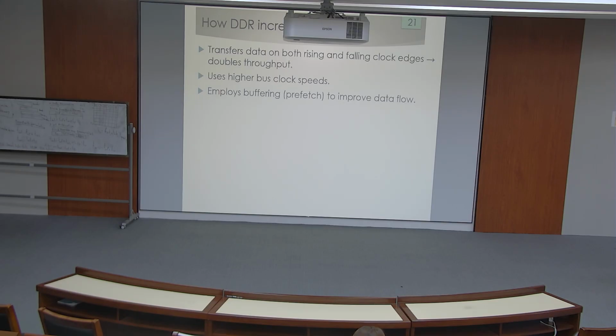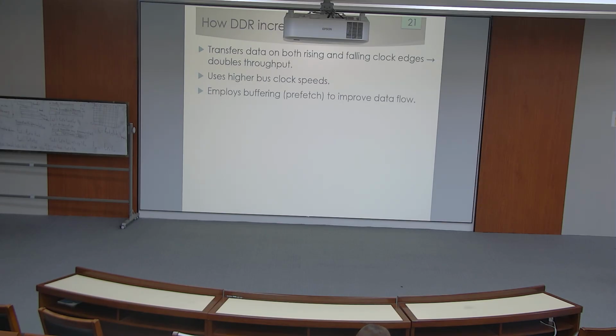It has to use a higher bus clock speed, and it also has to use what we call a buffer or a prefetching technique to improve the data flow. Now, the limitation of the synchronous DRAM is that it does not achieve a higher data rate for input-output.